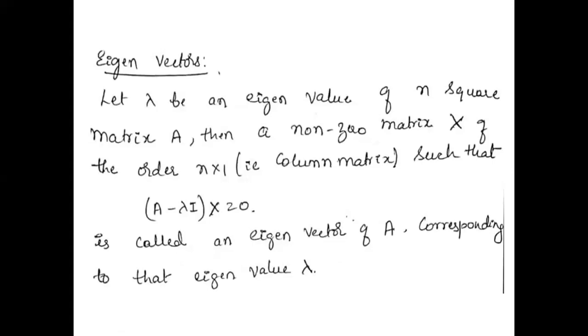So let lambda be the eigenvalue of an n square matrix, right? It's a square matrix. Then a non-zero matrix X of order n cross 1, that is a column matrix, will be such that A minus lambda I X will be equal to 0. And this will be called the eigenvector of A, which will correspond to the eigenvalue lambda.